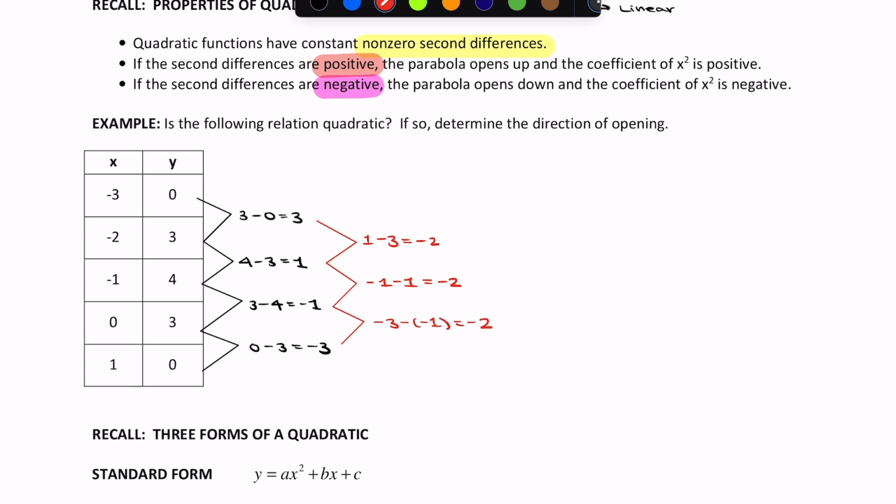And so here we see that these second differences are constant, and we have negative second differences, which means that it is opening down. So again, our parabola will open down.